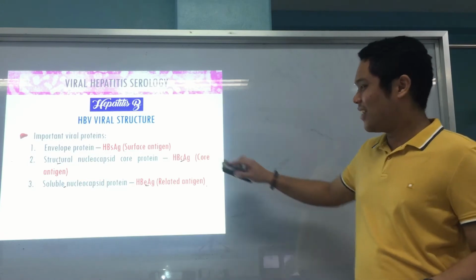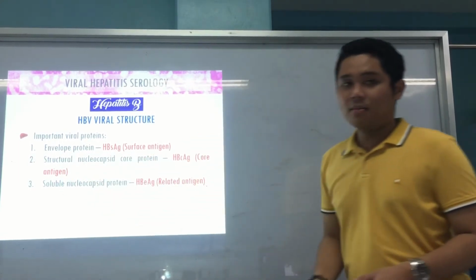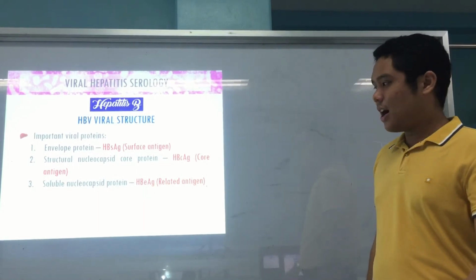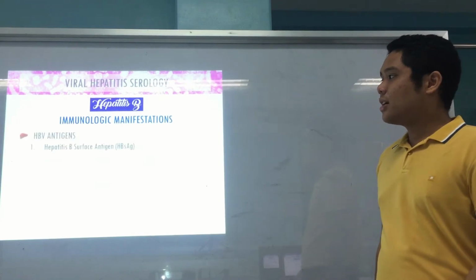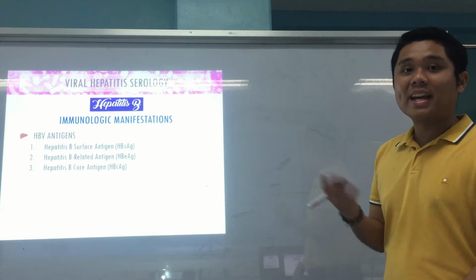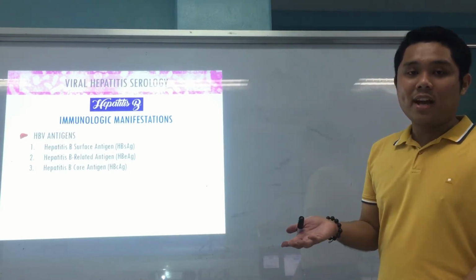Those are the different viral proteins that we will look into and the serological markers for HBV later. These proteins are also the HBV antigens that we can see from a patient's sample infected with HBV.